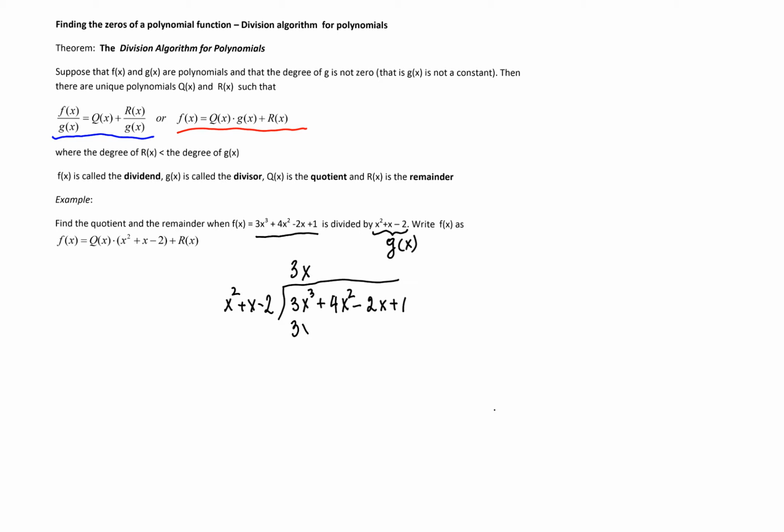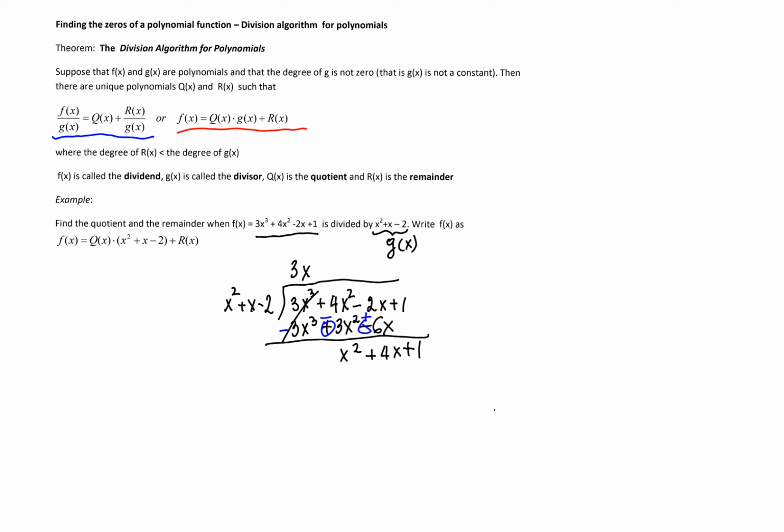So what we'll have is 3x cubed plus 3x squared and minus 6x. Now we subtract those two polynomials. Subtracting means changing sign to the opposite and adding corresponding like terms. So we'll get x squared plus 4x plus 1.